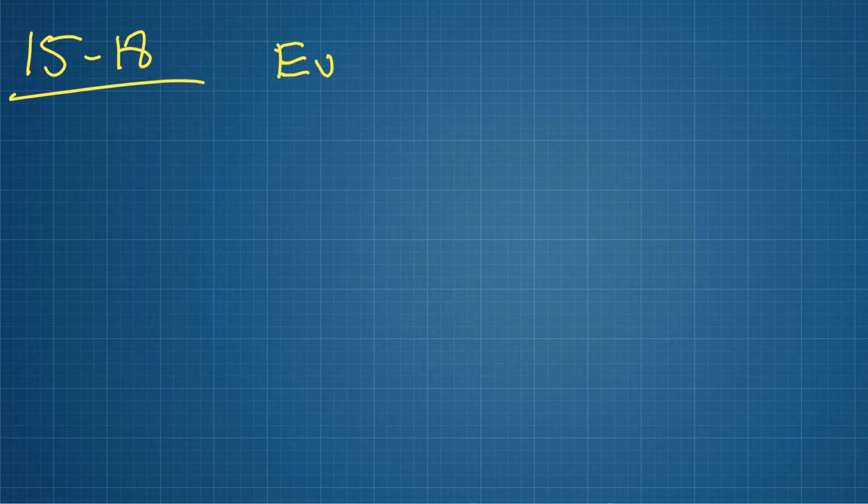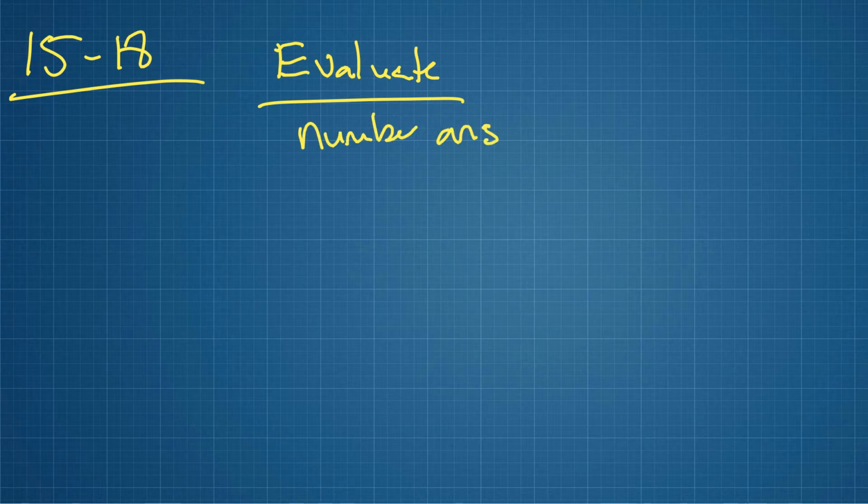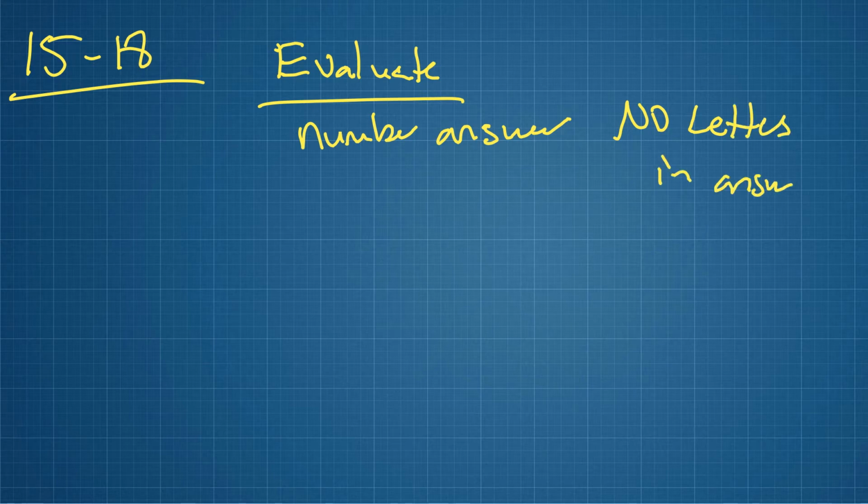Alright, 15 through 18. It says evaluate, so I already know it's going to be a number answer. It's not solving, so no letters should be in your answer. Alright, plug and chug.